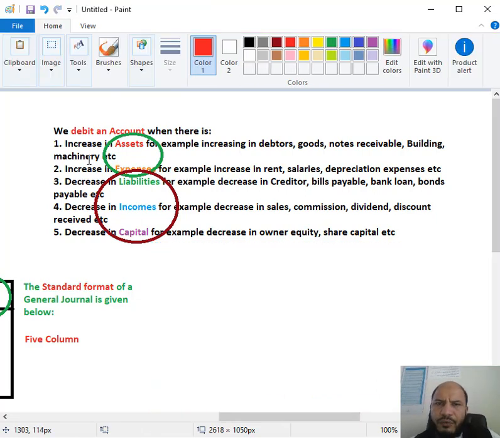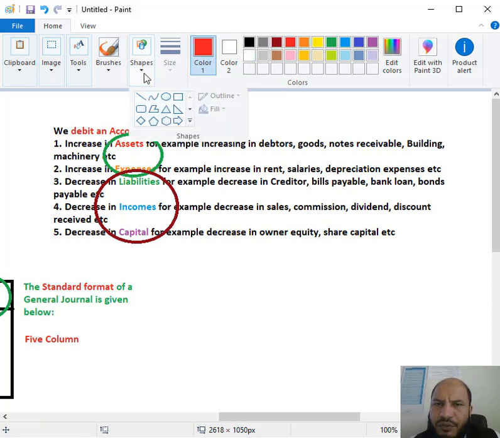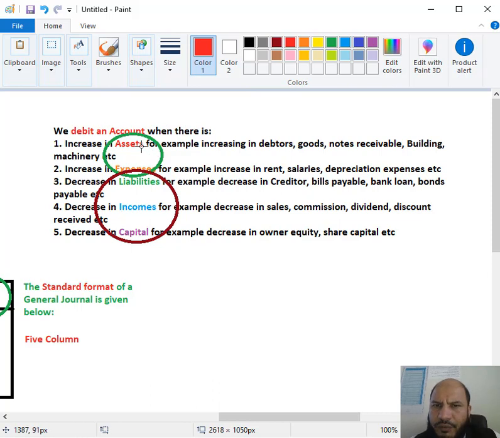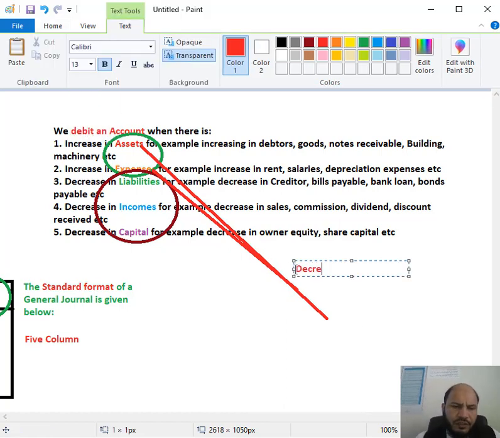So if we have a decrease in asset, and if we have decrease in expenses, let's draw a line. If we have the two things, asset and expenses, but there is a decrease, so what we will do, we will record this as a credit record.